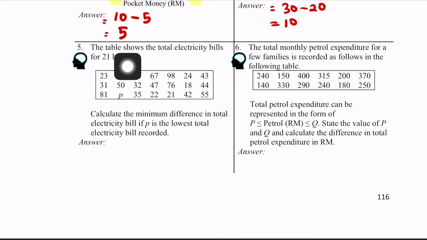Okay, next, number 5. The table shows the total electricity bills for 21 houses. Calculate the minimum difference in total electricity bill if P is the lowest total electricity bill recorded. So if we know that P is the lowest, we try to look into this set of data.